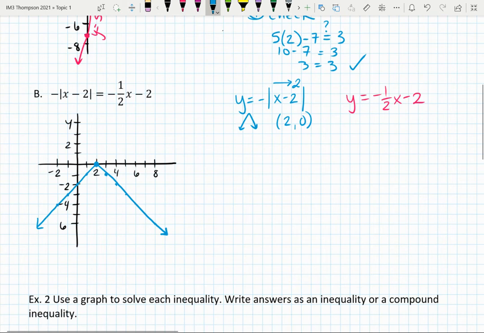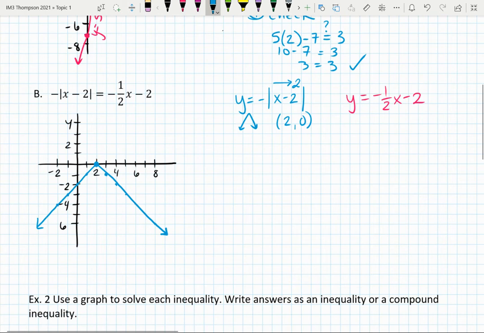Okay, so y is equal to negative 1/2 x minus 2. That's a line. I'm going to give you a little bit of a head start because I'd like you to try to graph that on your own, right? Maybe you do it in really light pencil in case you're worried you make a mistake, or maybe you're confident and you do it regular, right? I have a negative 1/2 for a slope and then a y-intercept of negative 2. So go ahead and graph that line.